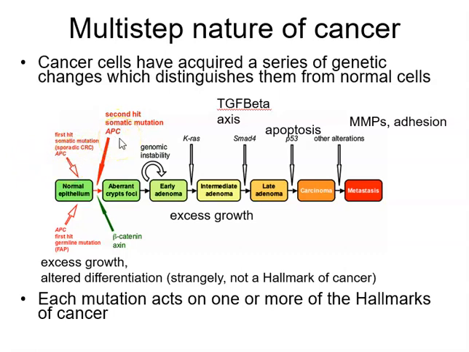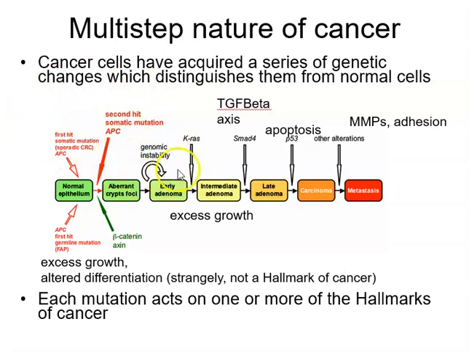That means that the cell is now APC null or APC defective. Okay, so the first hit happens, and then subsequently sometime later the second hit happens, and that kickstarts the process when you get an aberrant crypt in the colon. So this is altering a cell's differentiation and subsequent proliferation.